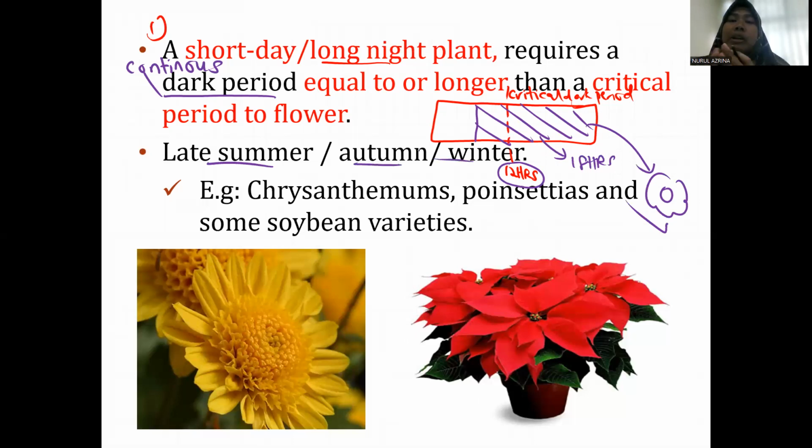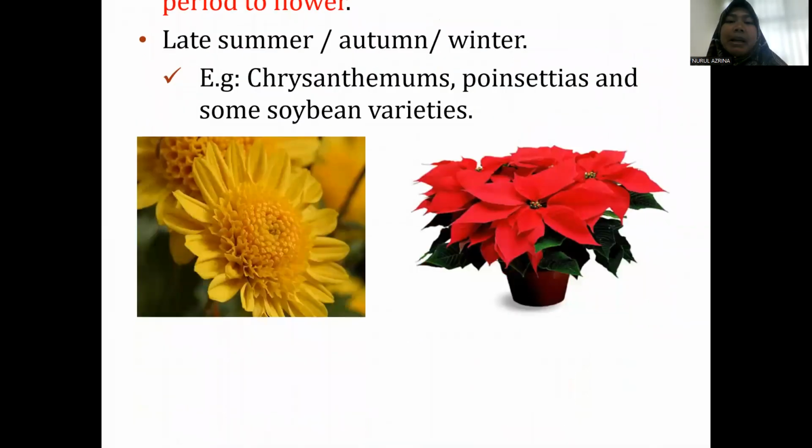Why? Remember, in winter we have a very long night, so it is good for this plant to flower. For example, poinsettias, which are very famous during Christmas, chrysanthemum, and many soybean varieties. Okay, right. So this is the first type of plant.